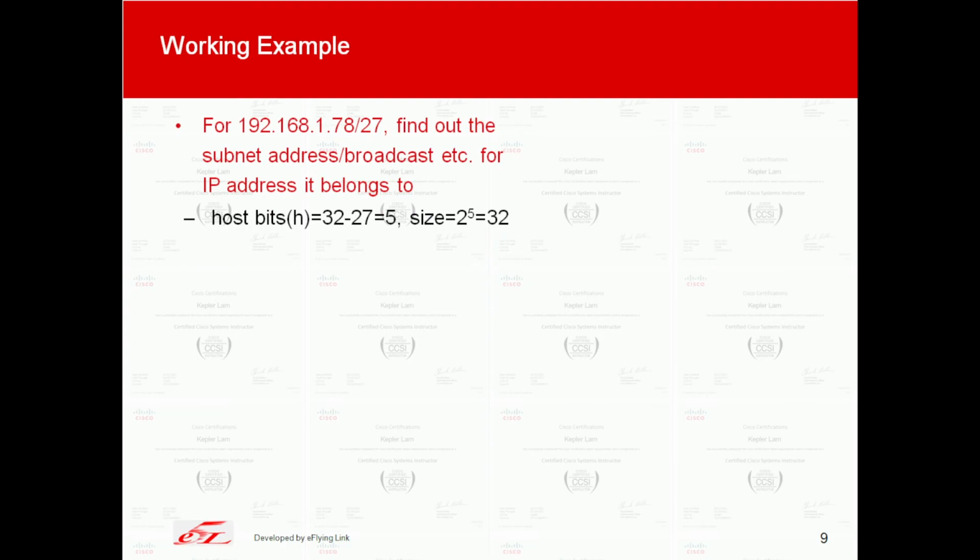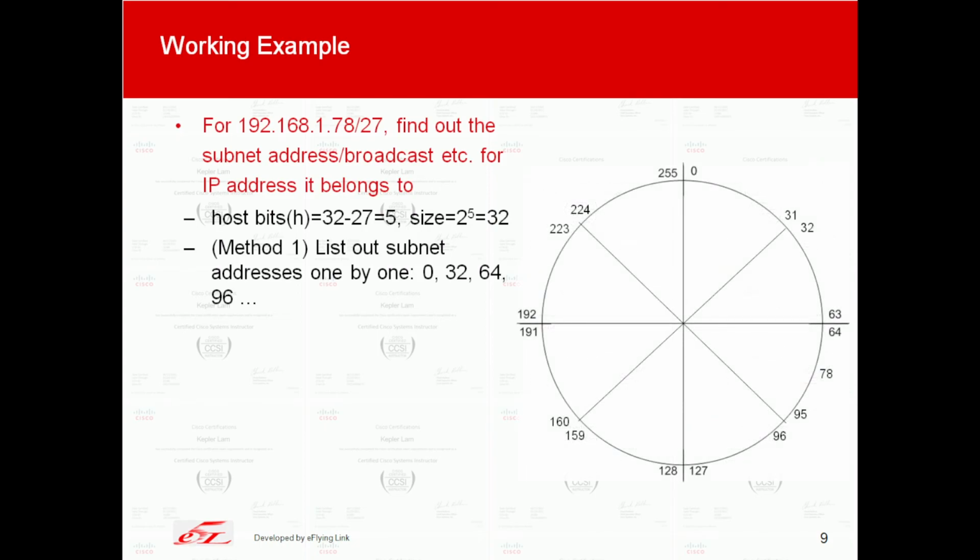Then the subnet address is actually a multiple of 32. If you are not good at arithmetic, I recommend a simple method. You just list those multiples one by one. How can you do that? Start with 0 and then add 32, 32, 32 and so on.